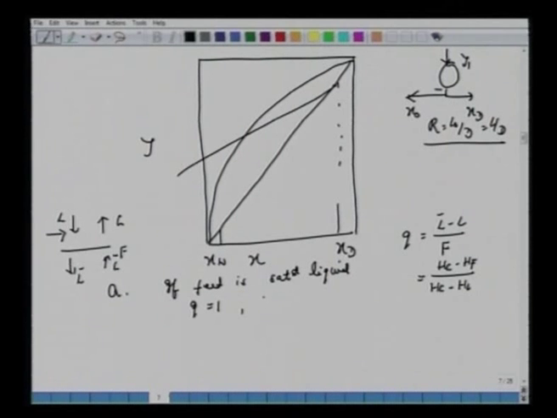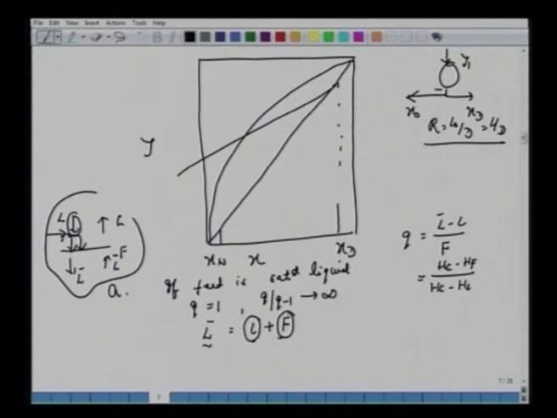All it means, of course, is that q over q minus 1 will be infinity, and the entire L bar is L plus F. So L bar equals qF plus L, with q as 1, L bar is L plus F. The entire feed was saturated liquid, so whatever liquid flow rate L we had from the top column, the entire liquid goes into this. This is a schematic of your first situation where the feed is saturated liquid. q is 1, q over q minus 1 is infinity.